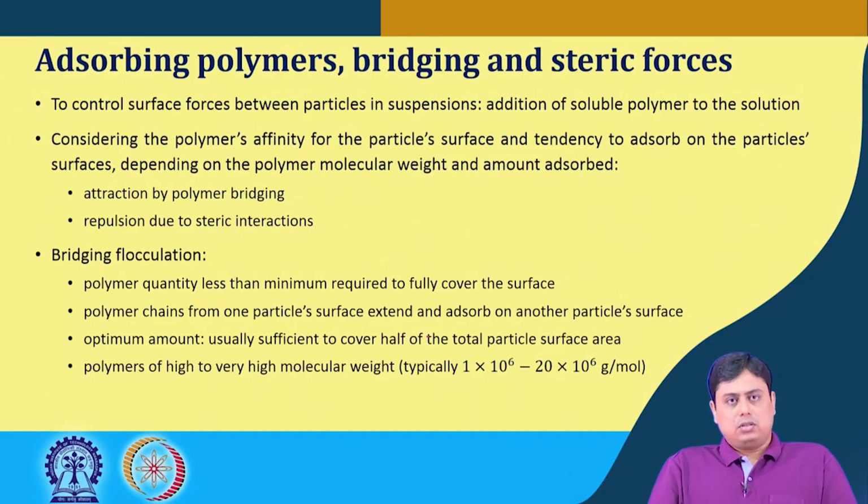The other important way to control the surface force between the particles in suspension is by the addition of a soluble polymer to the solution. Now, we consider the polymer's affinity towards the particle surface, and it adsorbs on the particle surfaces depending on the molecular weight and the amount that is being adsorbed.